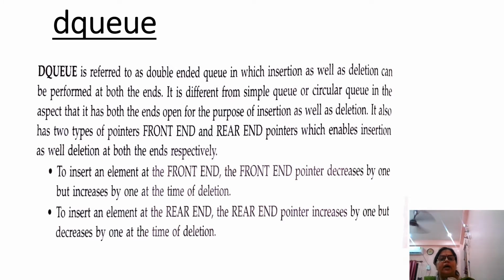Like we have studied, the queue has two pointers, front end and rear end. It also has two pointers, front and rear, which enable insertion as well as deletion at both ends respectively. Now, to insert an element at the front end, the front end pointer decreases by 1 but increases by 1 at the time of deletion. Remember this point.